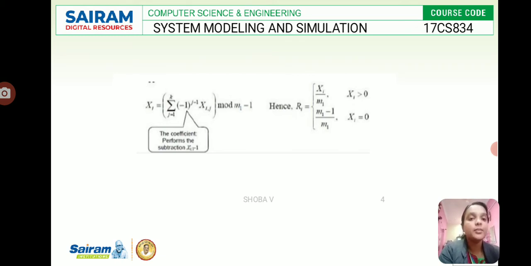We can see how the coefficient performs the subtraction, and there is a condition: if xi is greater than 0 we go for xi by m1, and if xi is equal to 0 then we take m1 minus 1 by m1. We can apply this formula based on the parameters.